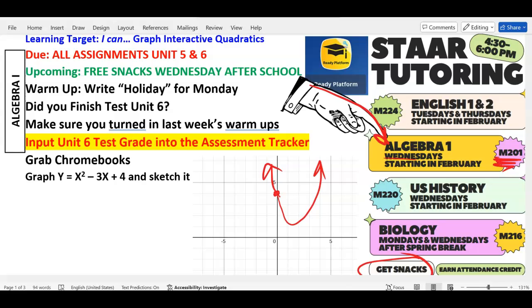Today, you are going to learn or get some practice on graphing interactive quadratics. Does everyone see that as our learning target for today, right? What do I mean by that? Well, you know in Aware, those non-multiple choice questions where you have to move stuff around.